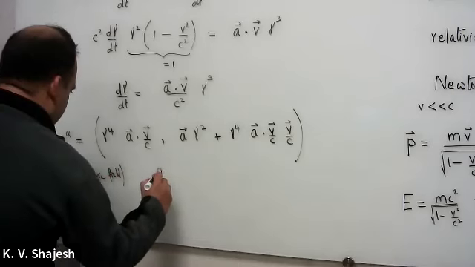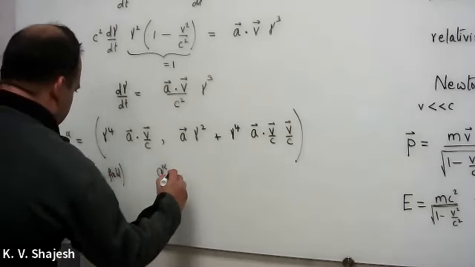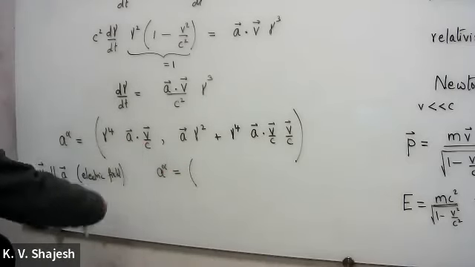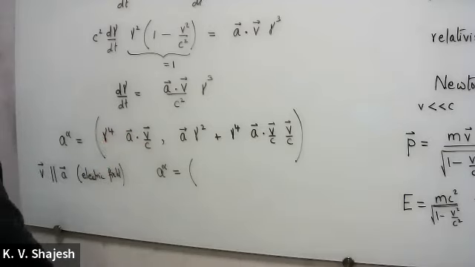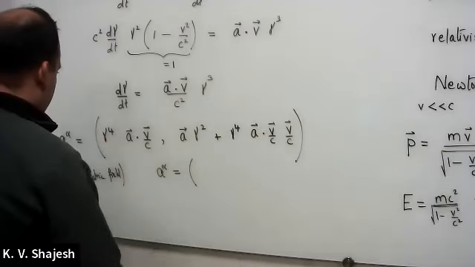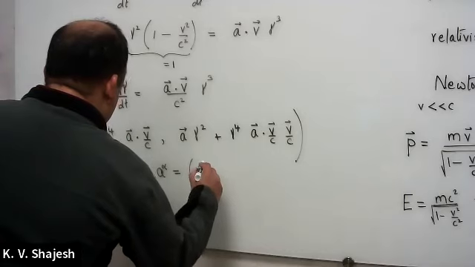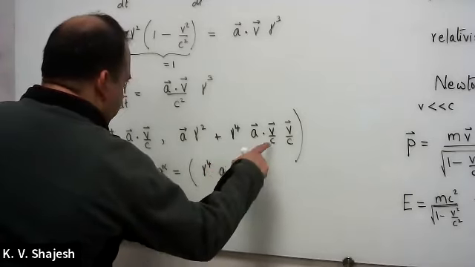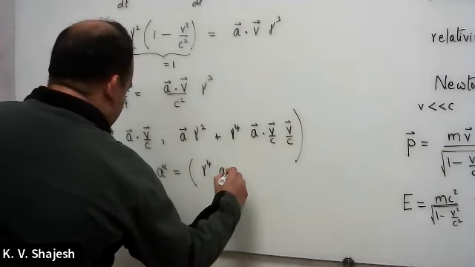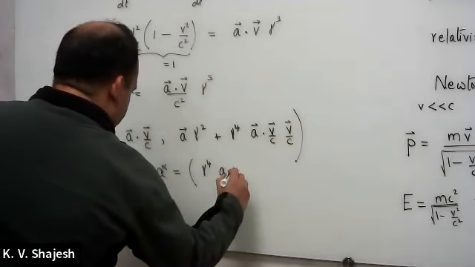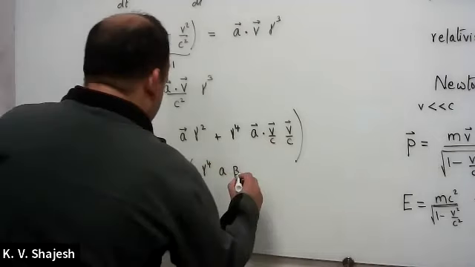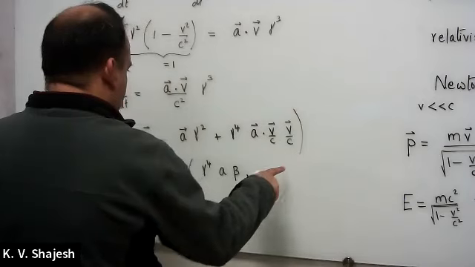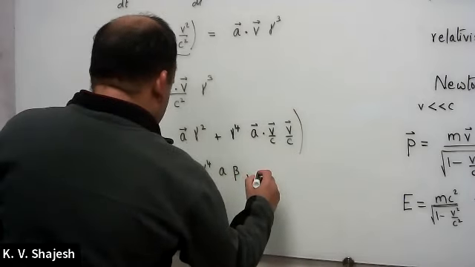In that case, A alpha is equal to, now everything is parallel, so you can think of it as one direction. So it's gamma raised to 4, and you have A times beta, right? In the direction in which things are happening, and this is A.